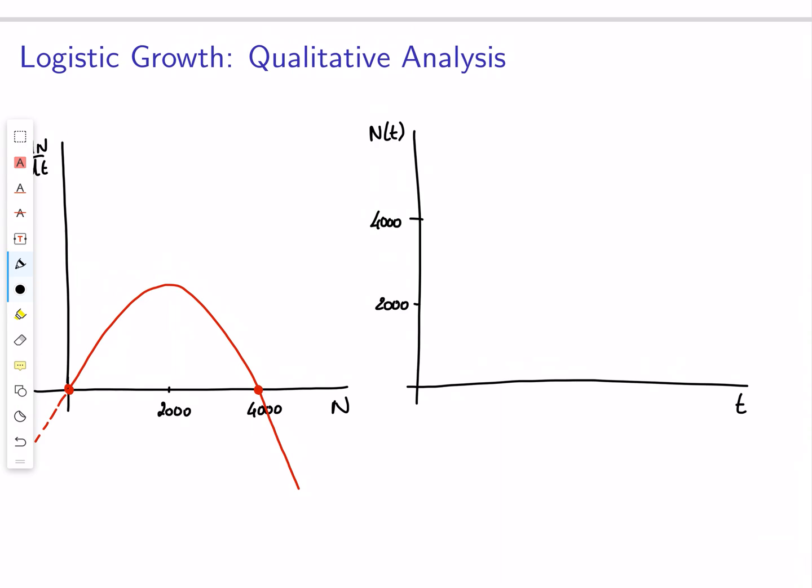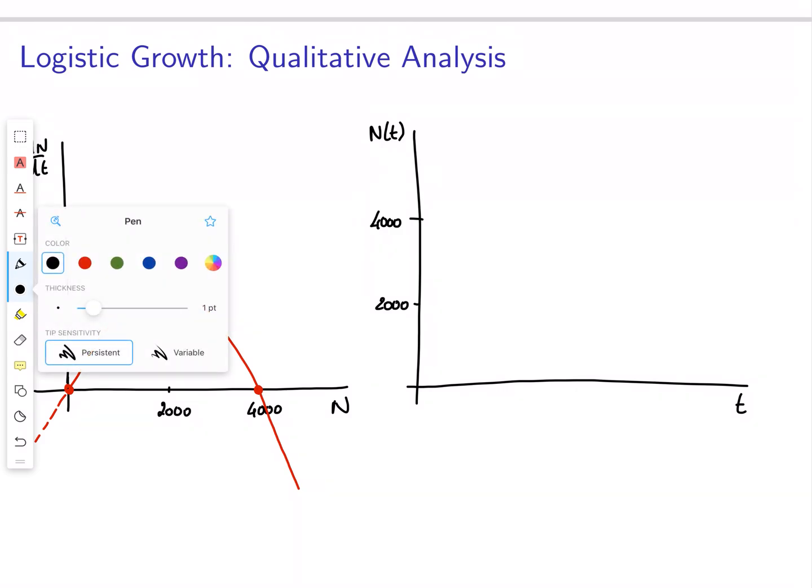Okay, so I have our familiar graph on the left for dn/dt versus n, and now I'm going to use that information to infer the solutions for the differential equation, so the graphs of n of t. So let me start with 0 and 4,000.